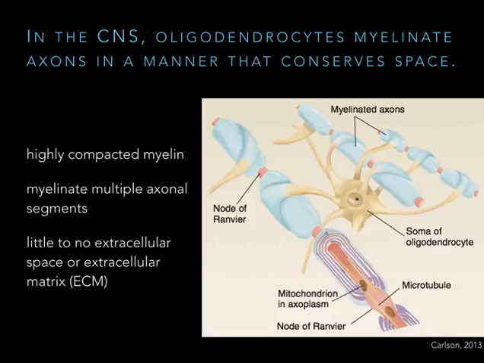It's going to myelinate multiple segments of multiple axons, and it's going to create a very dense form of myelin, highly compacted, not a lot of cushioning going on here, because it's in the central nervous system. That's going to be protected by our skull and some layers of fluid, the spinal cord protected by our vertebra. So we don't need to provide as much cushioning here.